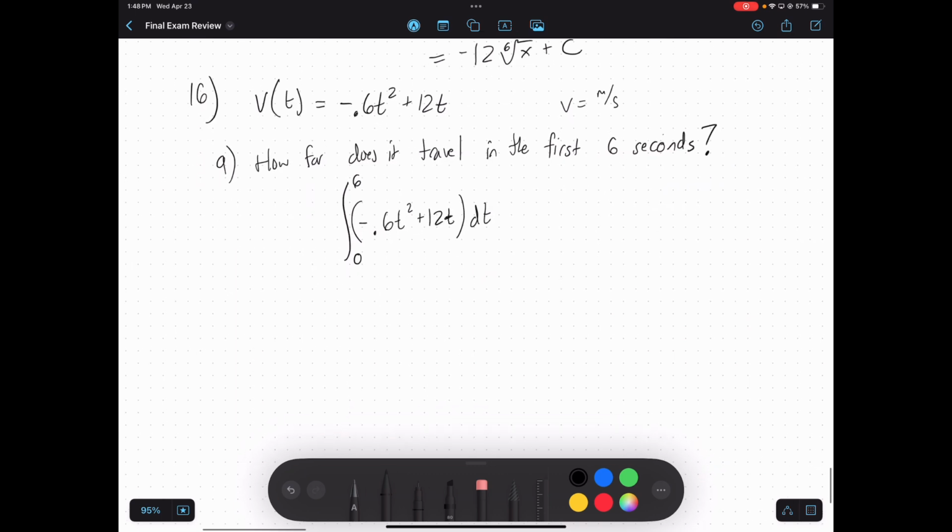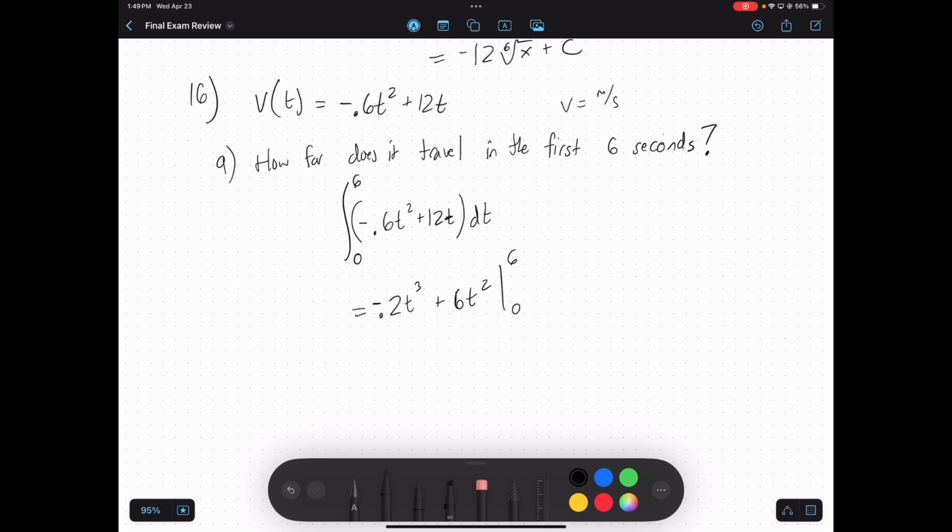So awesome, then I can just find my antiderivative. My antiderivative is negative 0.2 t cubed plus 6t squared, evaluated from 0 to 6. Everybody okay with that? The 0.6 becomes a 0.2 because you divide it by 3, and then the 12 becomes a 6 because you divide it by 2.